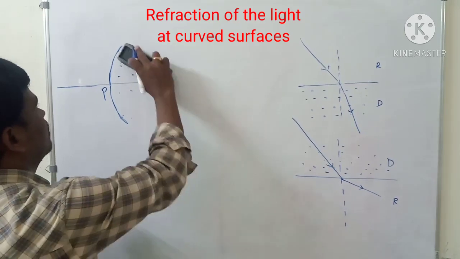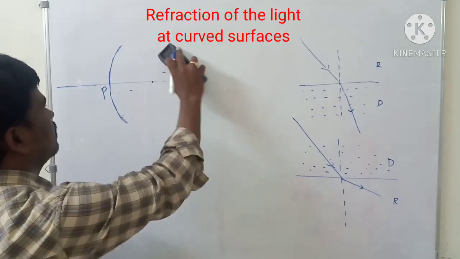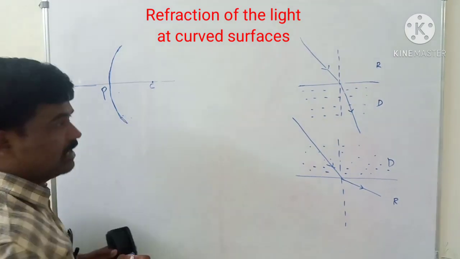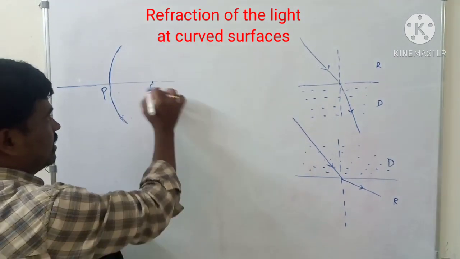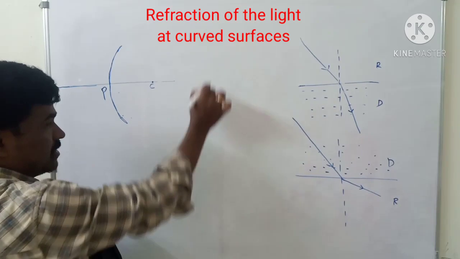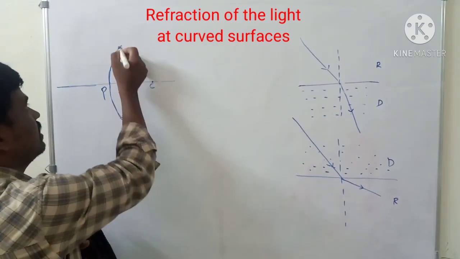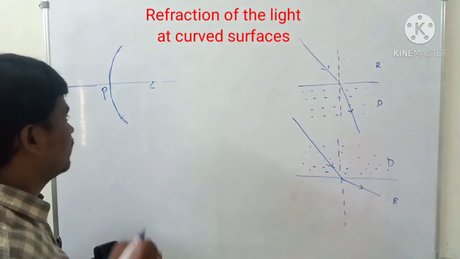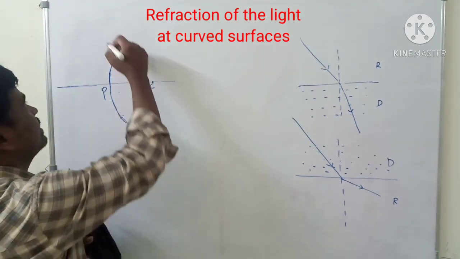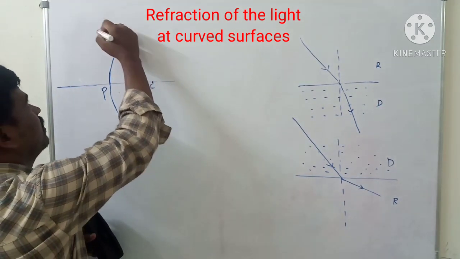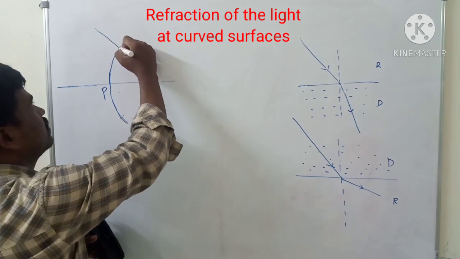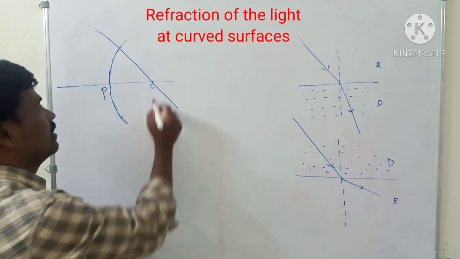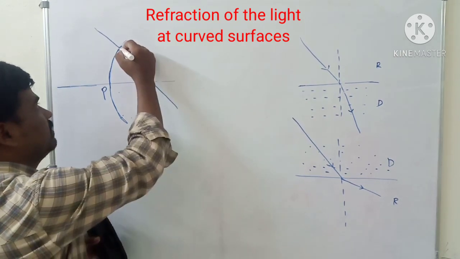Refraction. Okay, so this is the center of curvature, the center point of the sphere. The middle point of this curved face is called the pole. By Snell's law, let me take one ray going through C. Which way is it going?